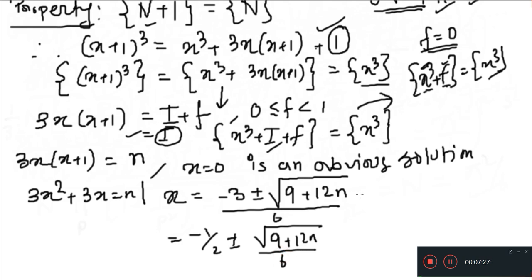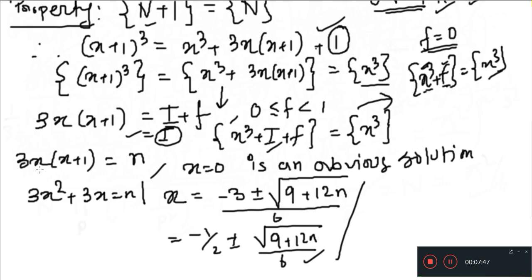Yeah. Now this is what you get. Now obviously there will be certain values of n for which this should be true. Now we need to find such n, right? We need to find such n for which this is true.